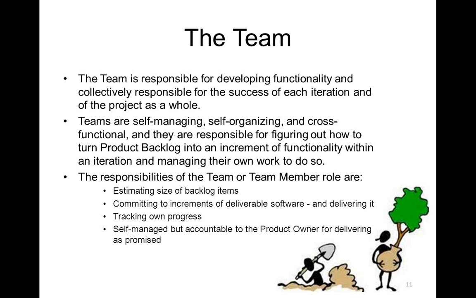On that basis, they commit to the increment of deliverable software that is going to be done in any of the iterations, any of the sprints. They also have to track their own progress to ensure that they are able to meet the commitment, and they have to be self-managed but accountable to the product owner, because they are making the commitment to the product owner. So they have to be accountable to the product owner.